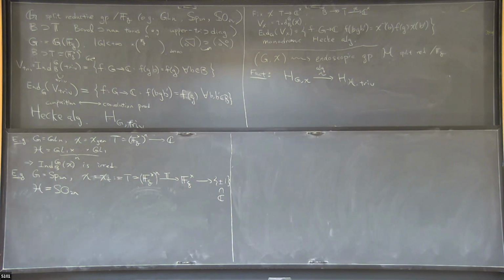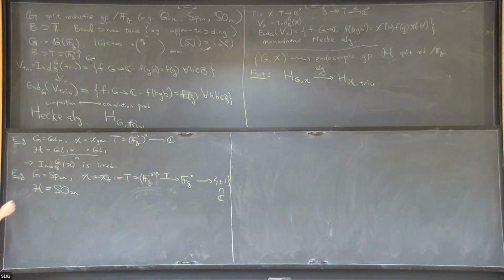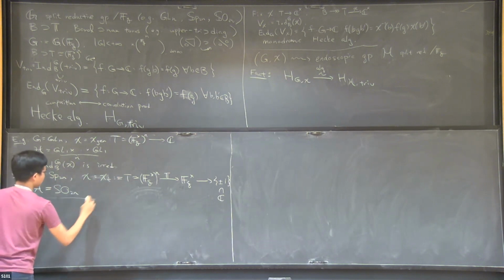And this is quite remarkable because the symplectic group does not contain the special orthogonal group. And this is why the endoscopic theory is so amazing, because this algebra does not come from direct restriction. So yeah, these are the two examples.